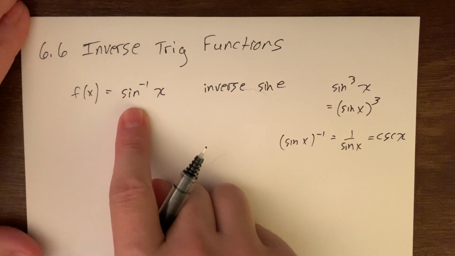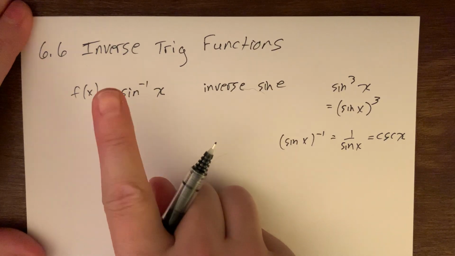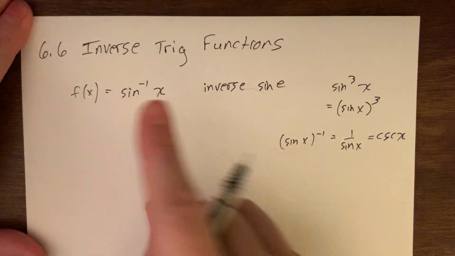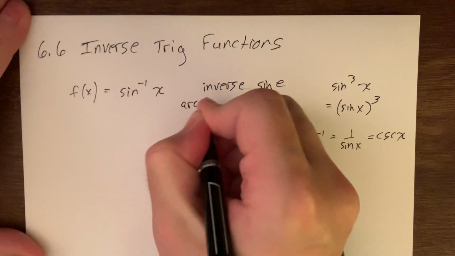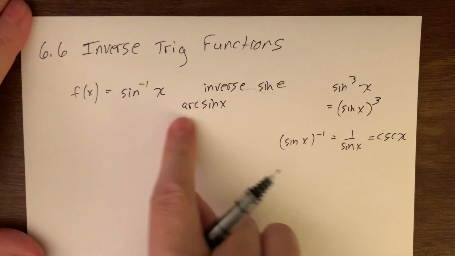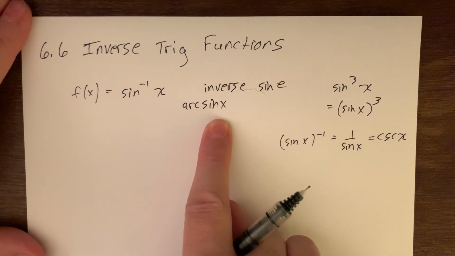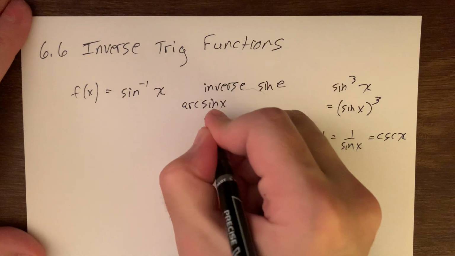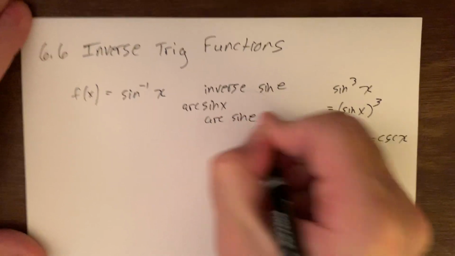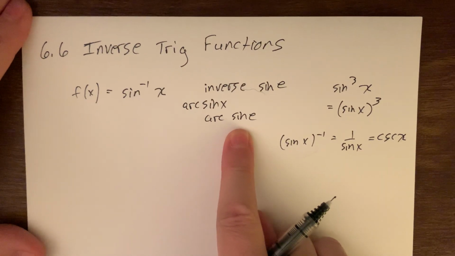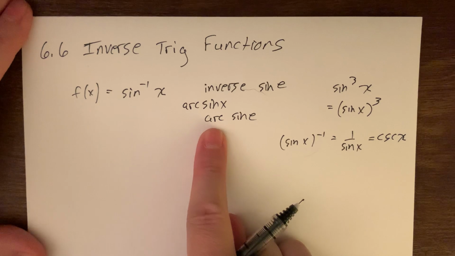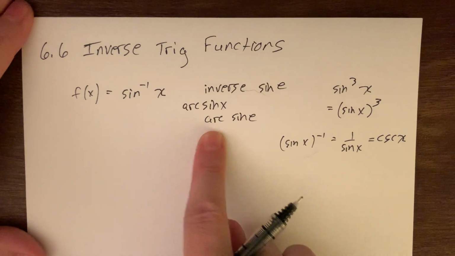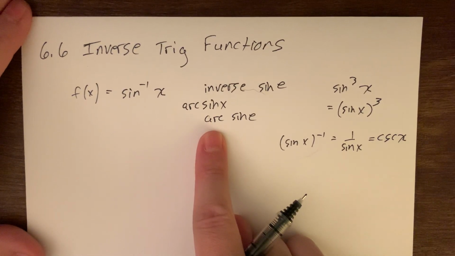The second thing as far as notation, our book always uses this, but other books write it like this. And instead of being read as inverse sine, it's literally read as arc sine. Now, I don't know the origin as far as why they call it this, but, again, I don't want to say it's equally common, but there are a lot of textbooks that use this notation.